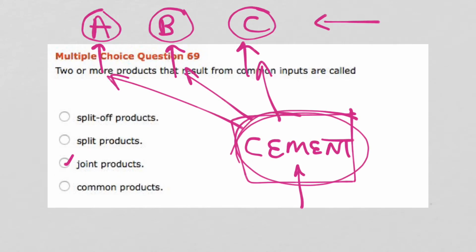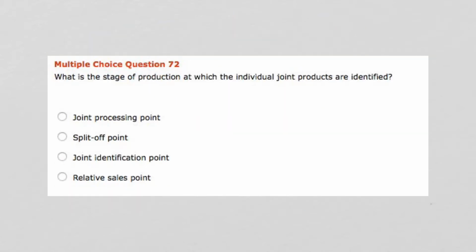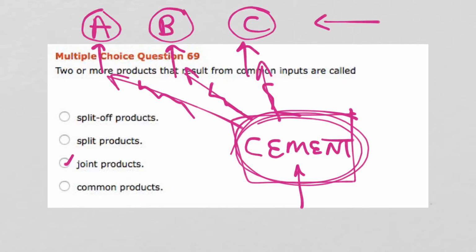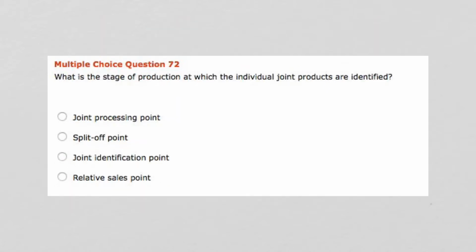This is the common input, all the ingredients to make the cement, and from there we do something a little bit different here, something a little bit different there, etc. We get A, B, C, and so we call that point, let me illustrate the point here. You see how I'm illustrating that with the sound effects? So that point is going to be called the split-off point.